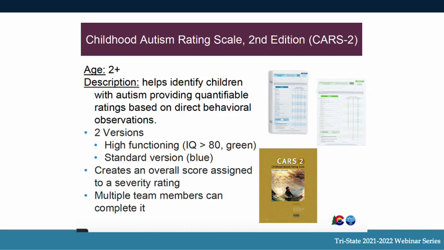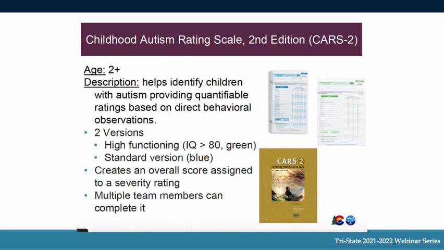There are 2 versions of the tool, one for when the child has a significant delay in language development, which they refer to as the standard version, and the other where the child is described as meeting language milestones on time and solving problems well within the average range.